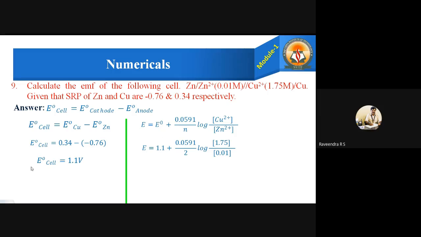This E naught we have calculated in the previous step. It is 1.1, and both metals are divalent, so 2 electrons are involved. Therefore, n is 2, and this is the given value 1.75 divided by 0.01.